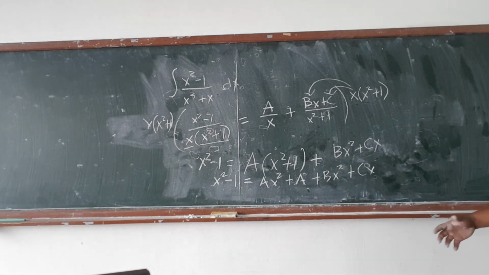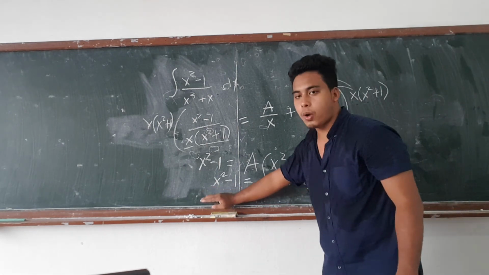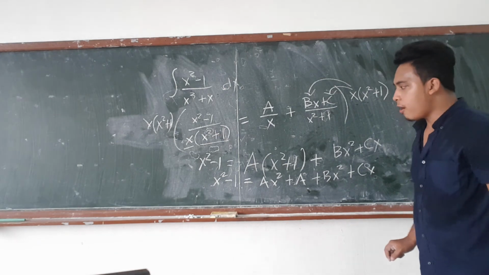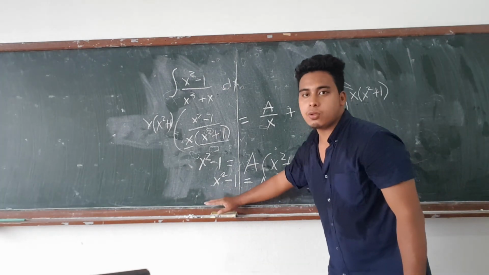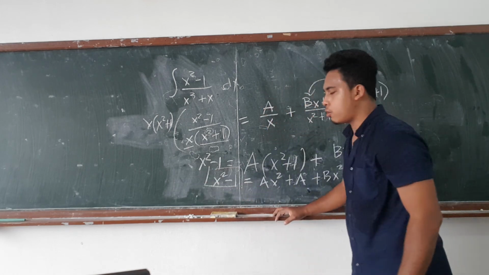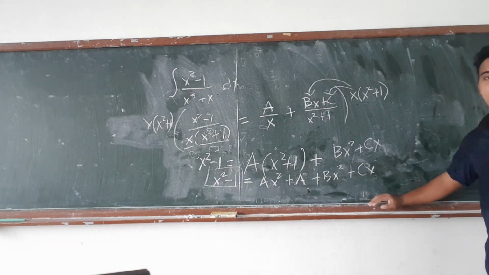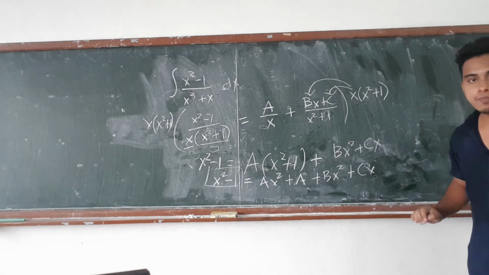Okay? So ax squared plus a plus bx squared plus cx. If we imagine that since this equation and this equation are equal, whatever part of the expression is here is the same as the part here.